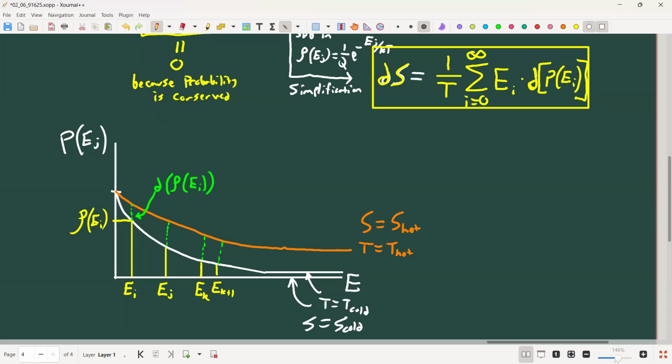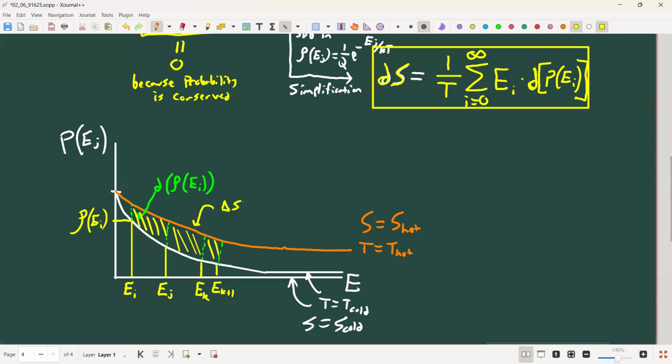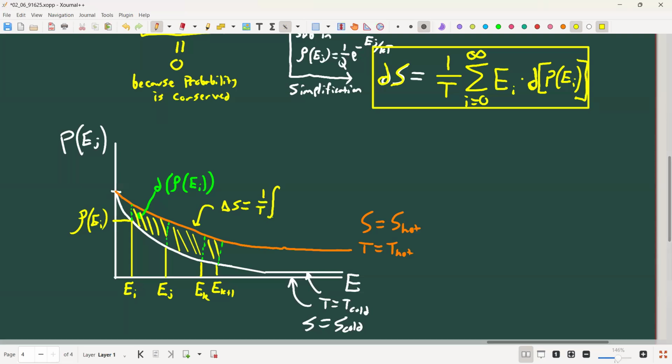And so when you do that math and you work it out, you find that the change in entropy is just this area under the curve. So this area under the curve is delta S, which is equal to 1 over T times the integral from 0 to infinity of Ej times d of p of j, and we sum all of them.